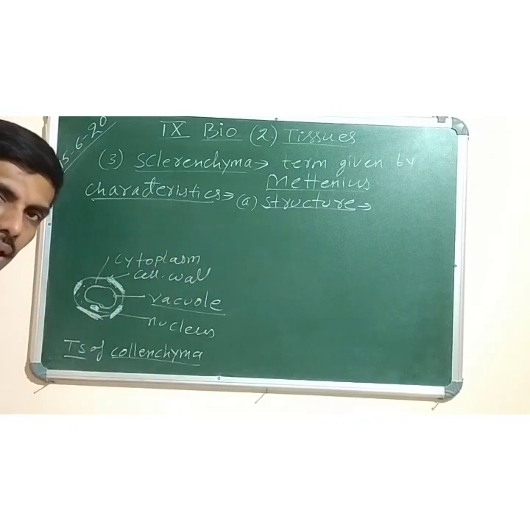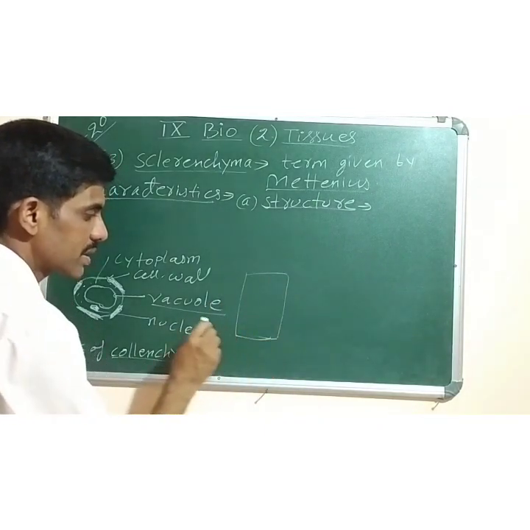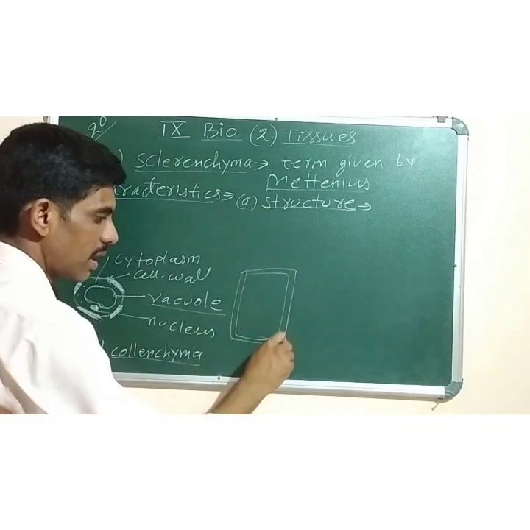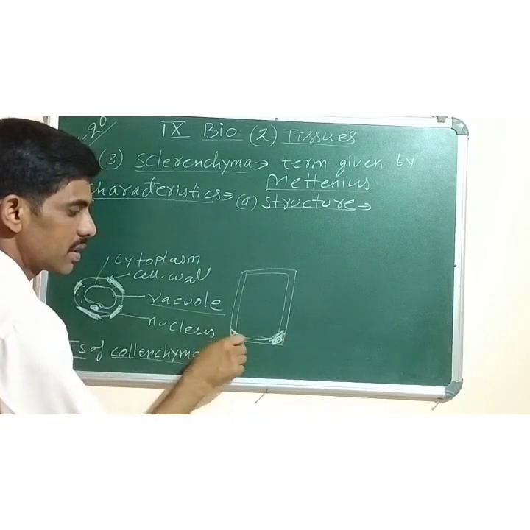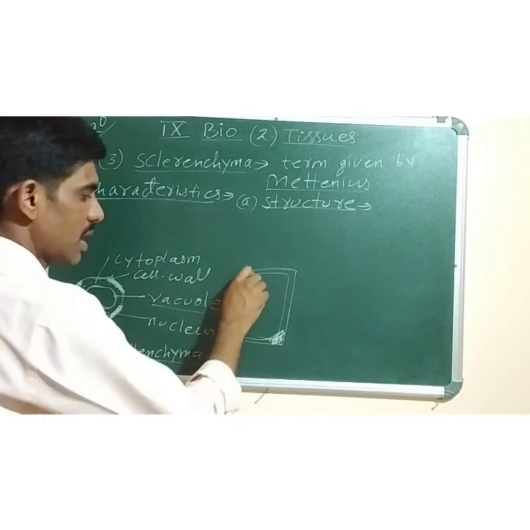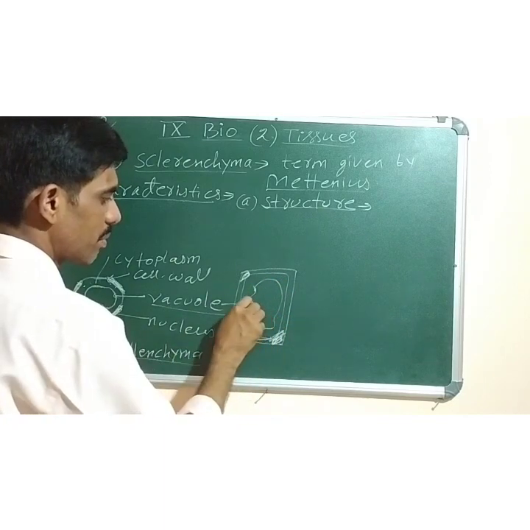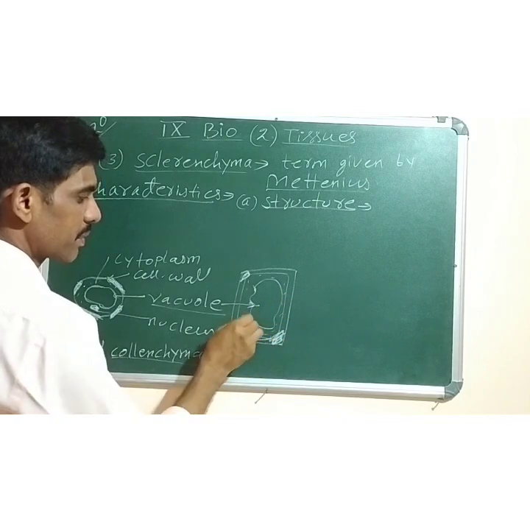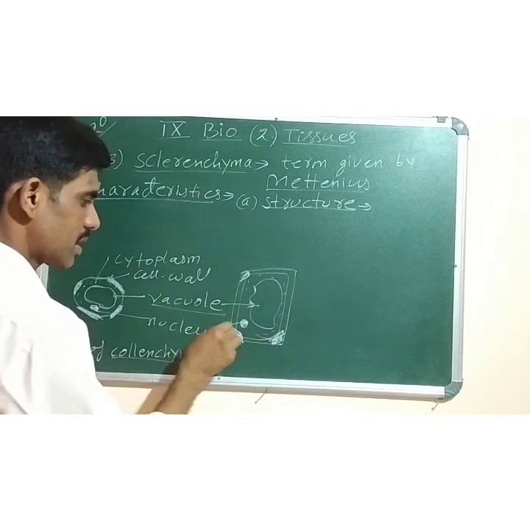Similarly, we can draw the LS also. For LS of collenchyma tissue, you draw a simply elongated cell, and make the cell wall thick, particularly at the corners, due to the presence of pectocellulose. Mark the vacuole, the cytoplasm, and the nucleus.